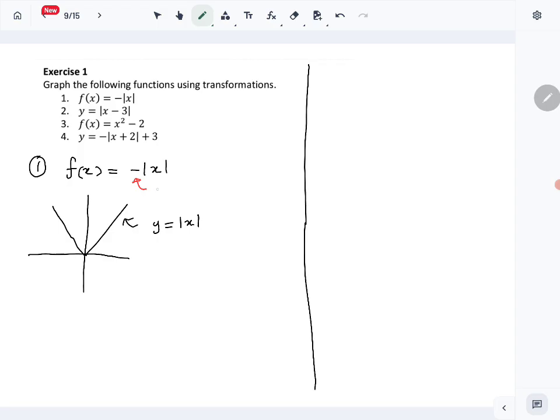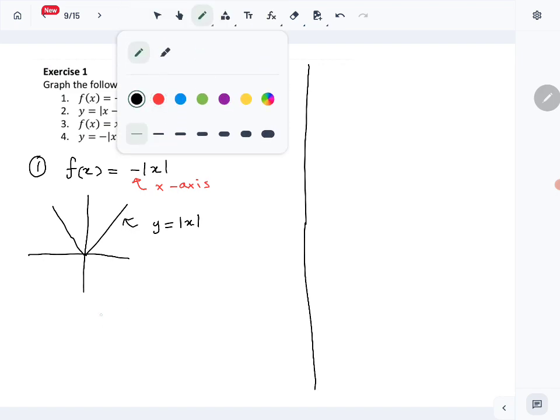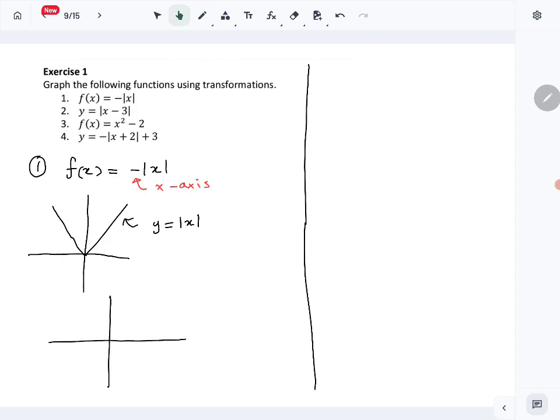The outside multiplying by a negative. So then it's a reflection about the x-axis. So then what is the correct curve? You have to reflect this curve about the x-axis. So then you get a downward V shape. So this is the curve for the first function. f(x) equals minus absolute value of x is this one. That is the shape of the graph. Right. So here we had to apply transformations to get the correct curve.